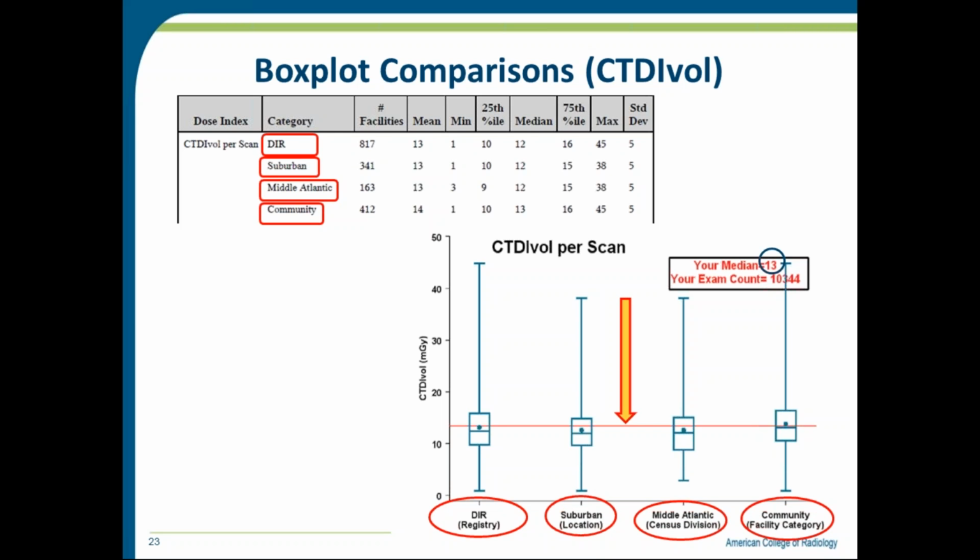Your median, as you can see, is 13, and that is written in red within a box. The number that your median equals 13, and you can also read from the scale that your median is 13. The red line across all the boxes is your facility median.